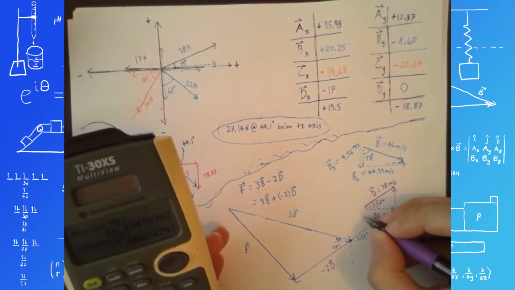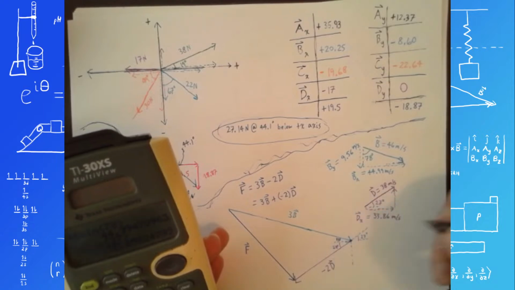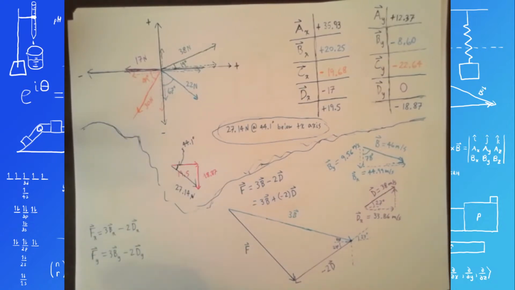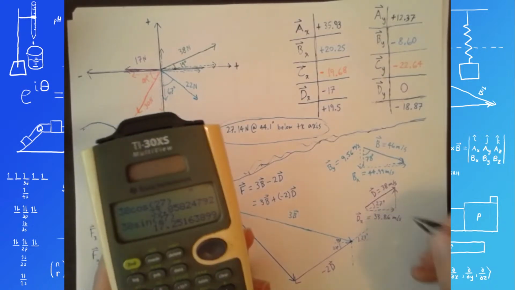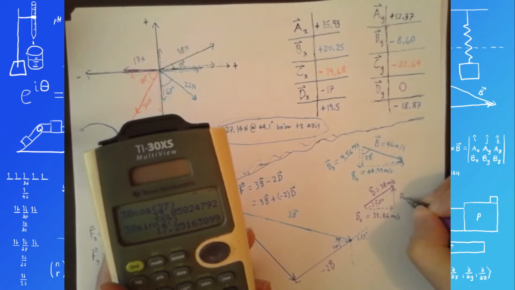That's the x component of d, so that's dx. And for the y component of d, opposite to the 27 degree angle, 38 sine of 27 degrees gives me 17.251, so 17.25 if I round to 2 decimal places.